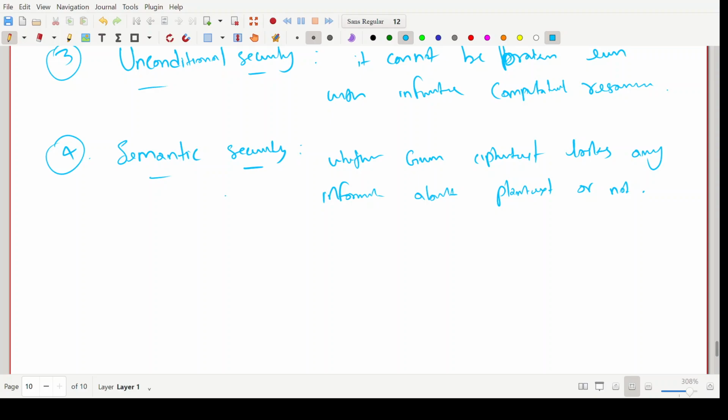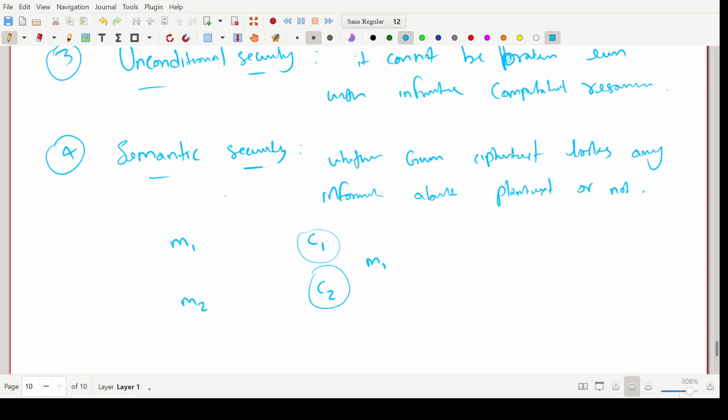For example, suppose I have a message M and two ciphertexts C1 and C2, and suppose I have message M1 and message M2. Just by showing you the ciphertext, the question is which one is the encryption of M1.